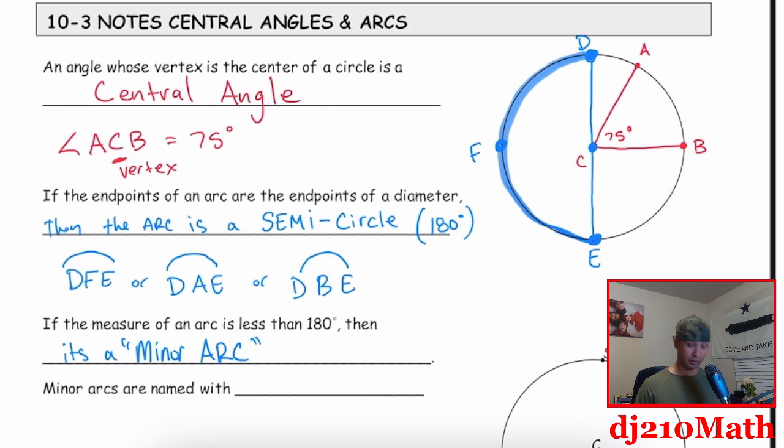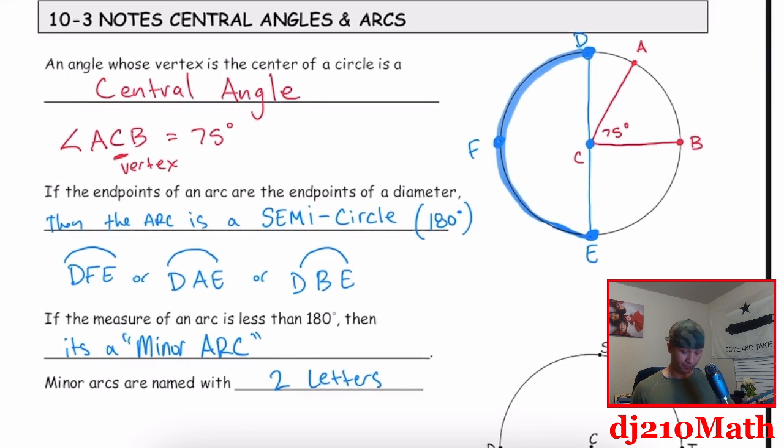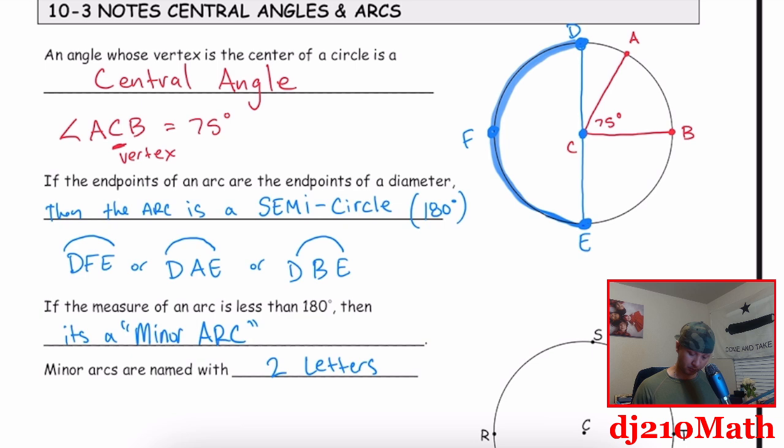And minor arcs are named with two letters. So we can do this one in green. So DA is a minor arc. AB is a minor arc. BE is a minor arc.